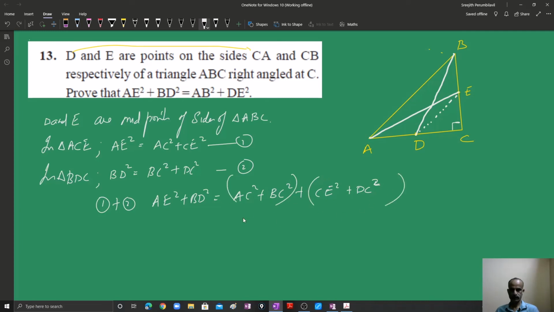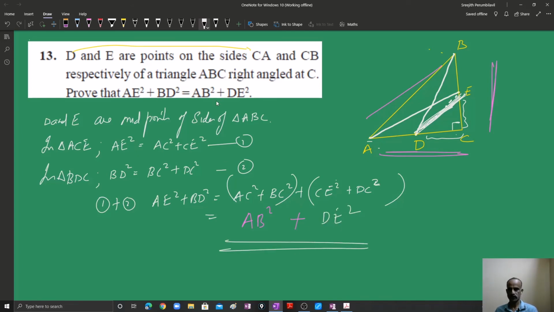Combining these two, AC square plus BC square, what is that? That is AB square. And CE square plus DC square is nothing but DE square, and hence the proof is what is asked.